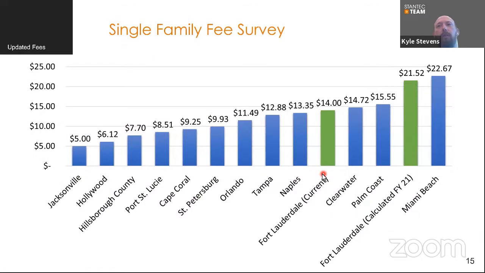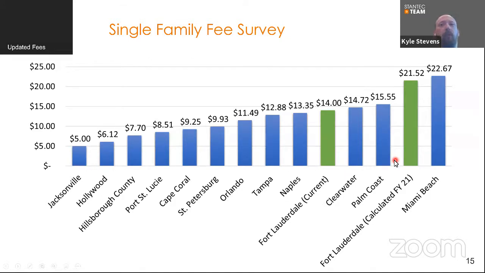Now, how does that compare? One of the things whenever we're doing a rate study that comes up is how do we compare to our neighbors? So as part of the study, we put together some of the largest stormwater utilities in Florida and what they charge their single family homes as of this year. You can see currently Fort Lauderdale in the middle of the pack at $14, and then the updated rate off to the right.